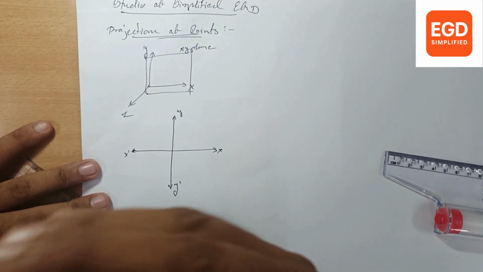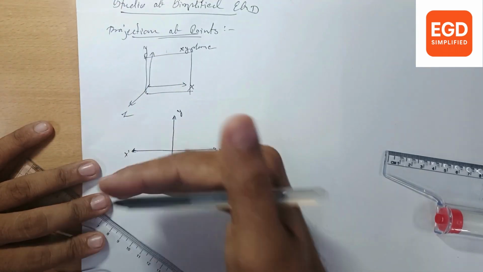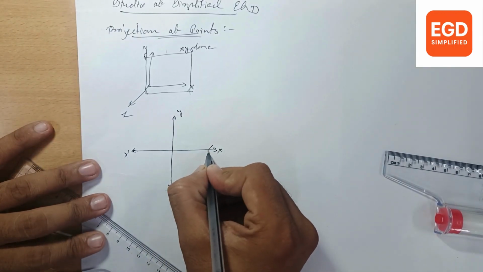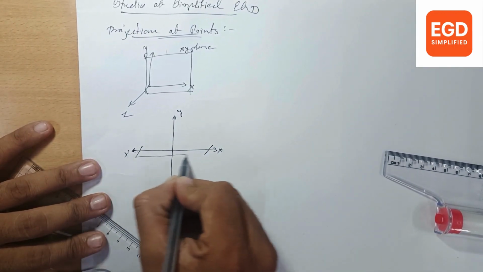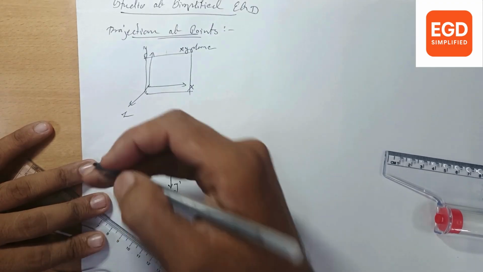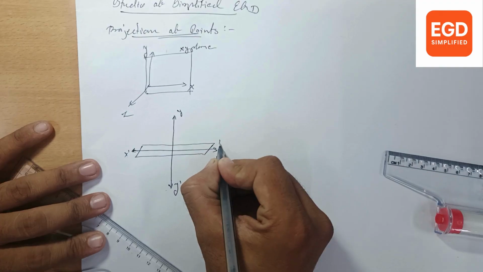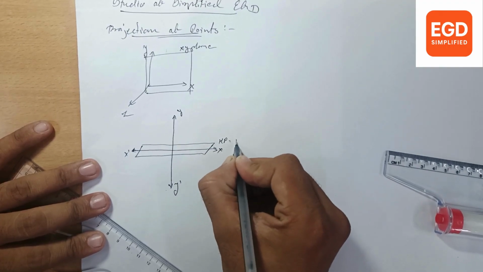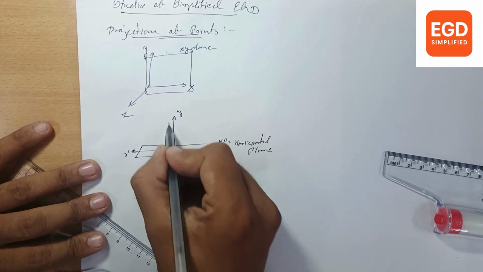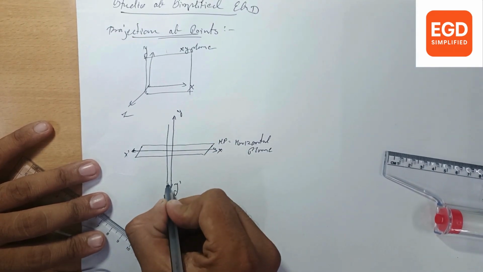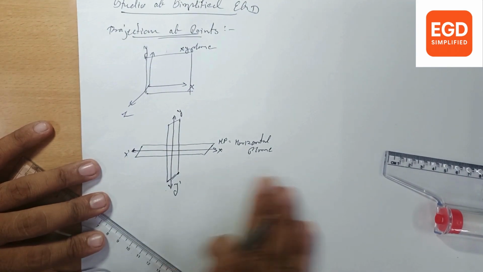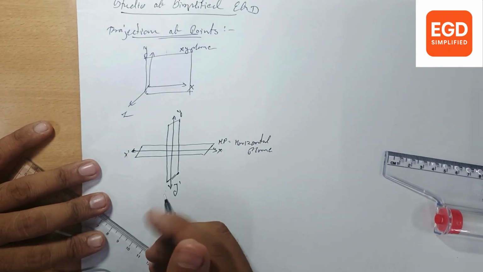Now consider two planes passing perpendicular to this page. I will draw two planes. You can see that this plane is horizontal, so this plane is called HP, the horizontal plane. Another plane we are going to draw in vertical form, perpendicular to this XY plane as well as passing through the Y axis.